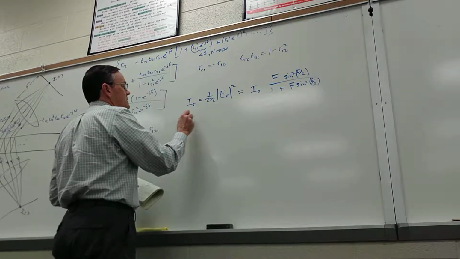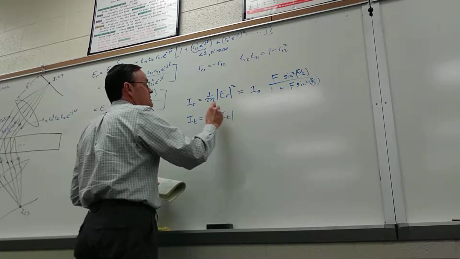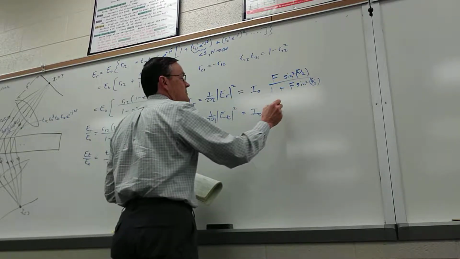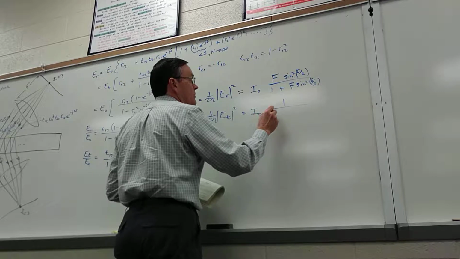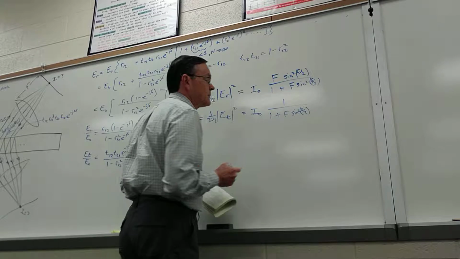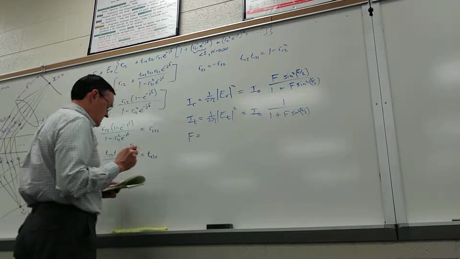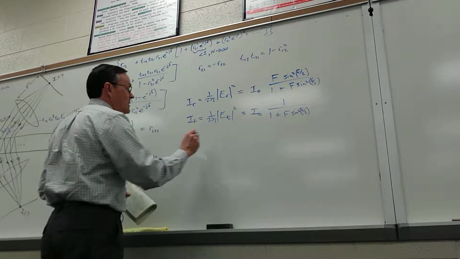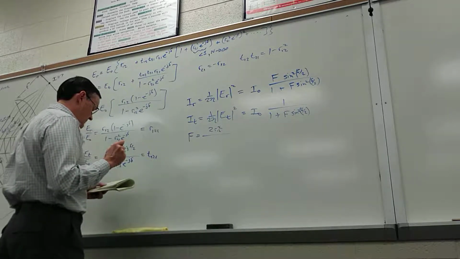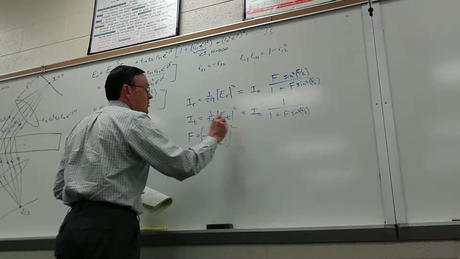And the transmitted beam is 1 over 2 times eta, the transmitted magnitude squared, which is I naught, multiplied by 1 over 1 plus f sine squared delta over 2. And this f is equal to 2 times R12 squared over 1 minus R12 squared, quantity squared.